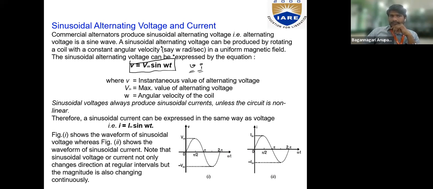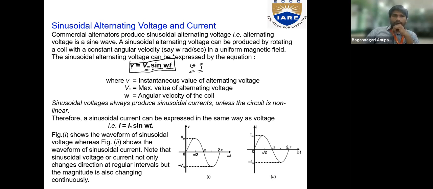In an AC circuit, since it is already varying with respect to time, the magnitude doesn't remain constant for any voltage. So we represent it with an instantaneous value, small v, which can be written as v = Vmax sin(ωt). What is ωt? It is the angular velocity of the coil. I will explain what this means.